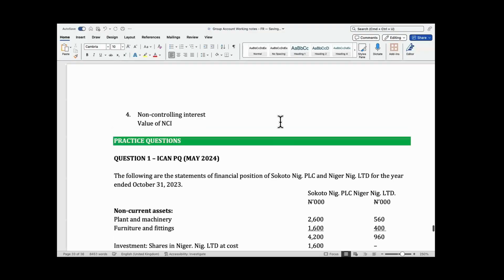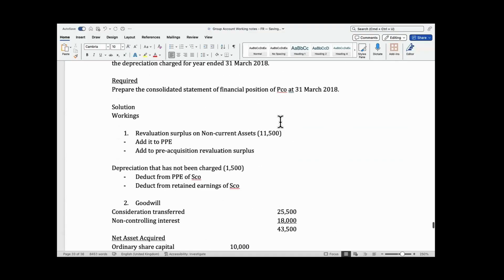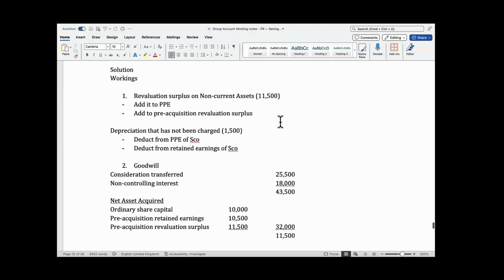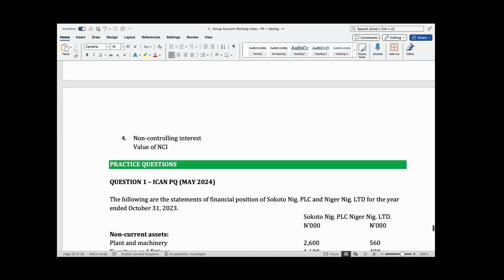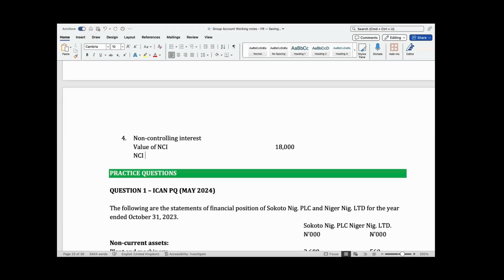So what's the value of NCI? 18,000. Okay. So NCI share in ESCO's profits.